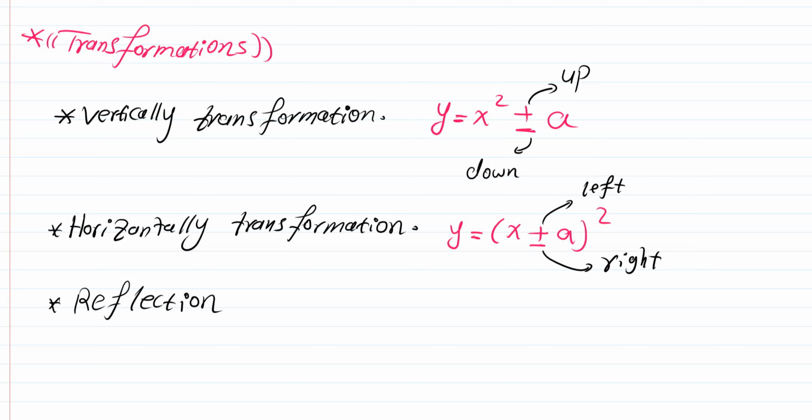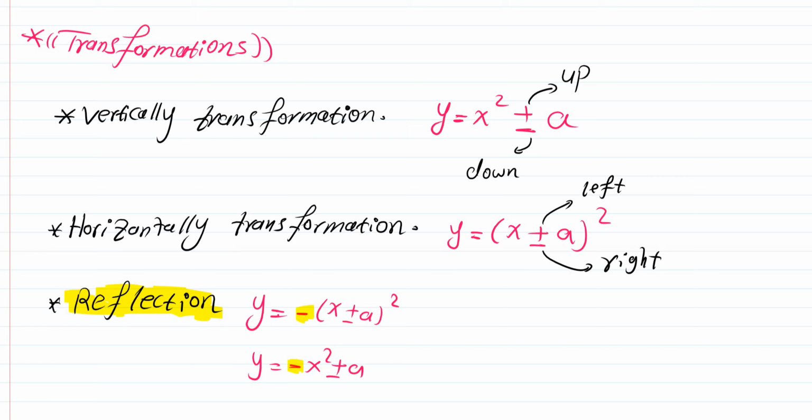Okay, in which case is it going to be reflection? When we have y equals negative in front of, let's say, x plus or minus a squared, or y equals negative x squared plus or minus a. When you have a negative in front of your bracket, then it is going to be a reflection.